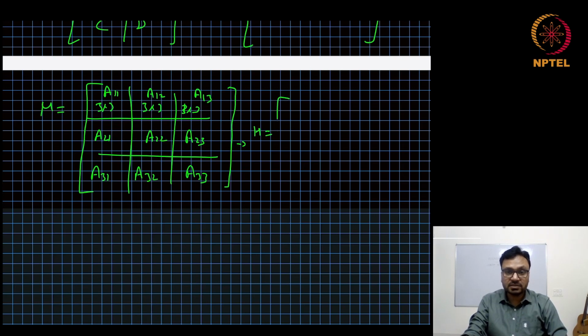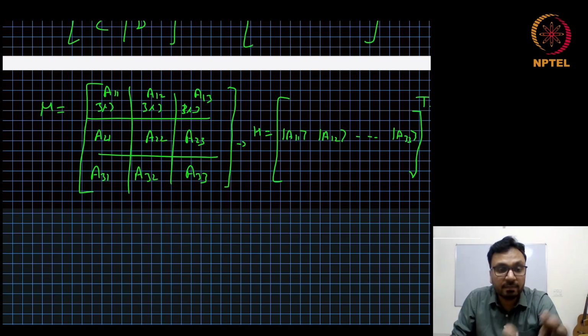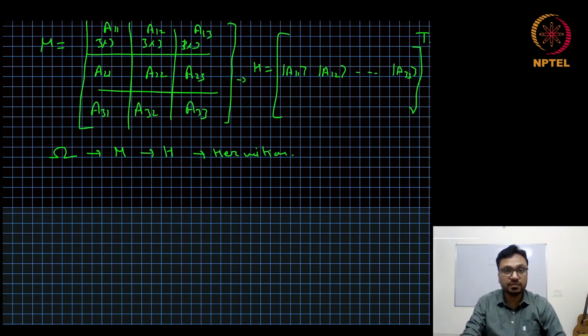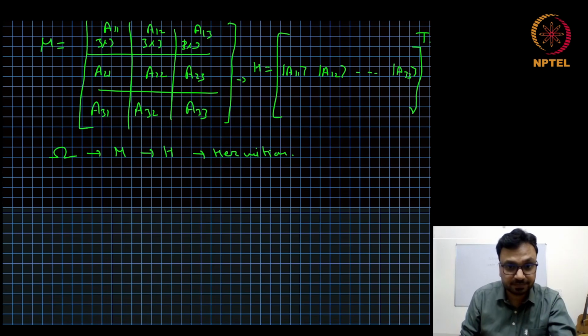Then it will go to H, which will be A11, A12, up to A33 block, and then the transpose of it. This is how we can go from M to H matrices. So we are given a map omega, we find the matrix representation, we go to H, and then we check whether it's Hermitian or not. This is the chain of sequence we need to see whether a given map omega is Hermitian or not.